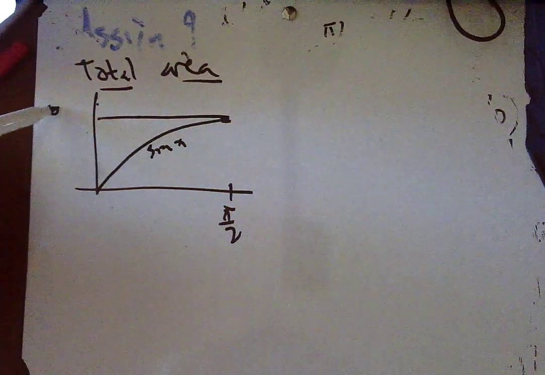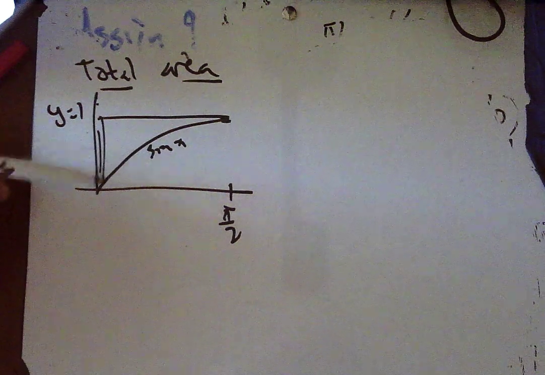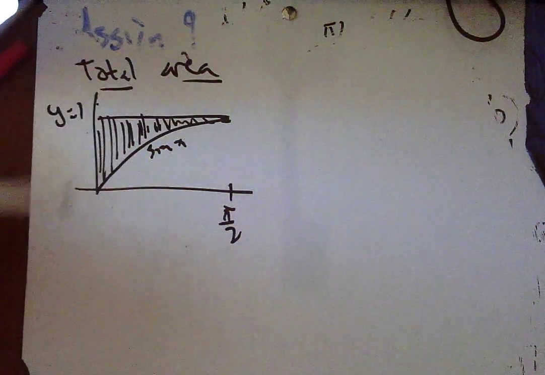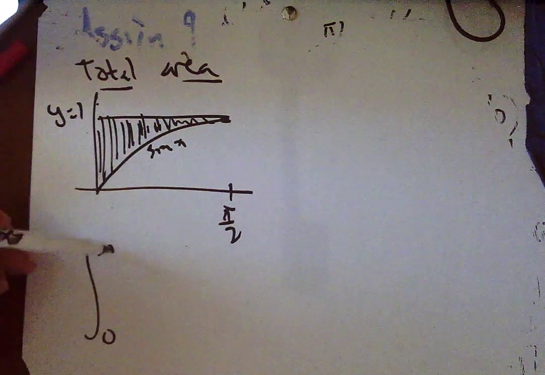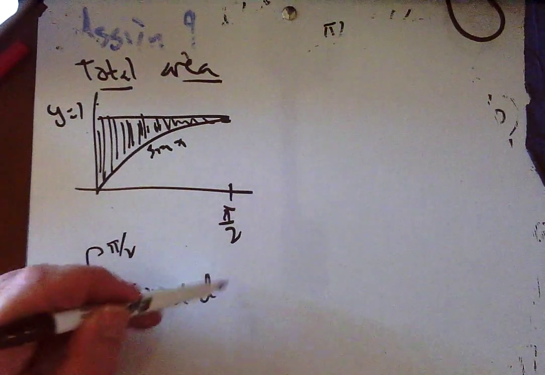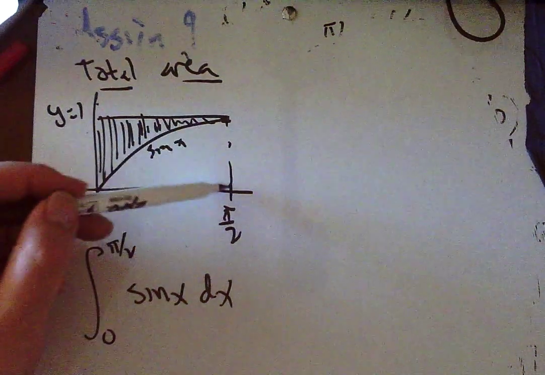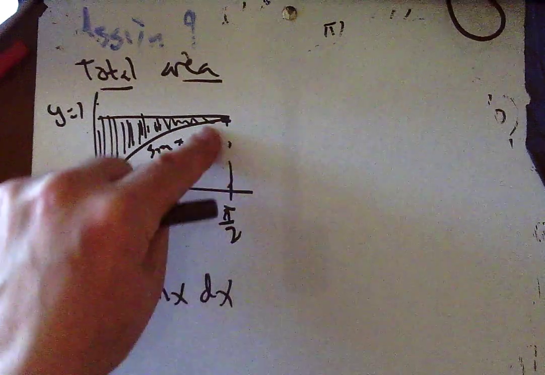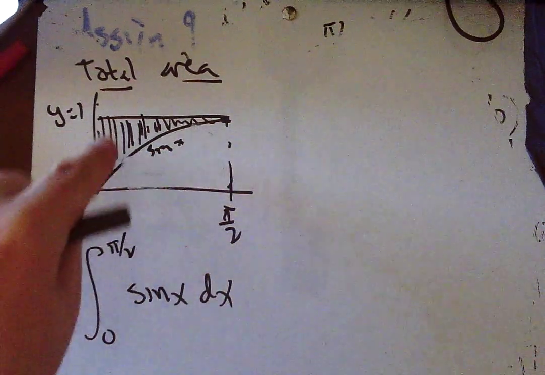That's the line y equals 1. And I want to know what this area is. If we integrate from 0 to pi over 2 sine x dx, we're finding this stuff here. I don't want that. I want this stuff here.